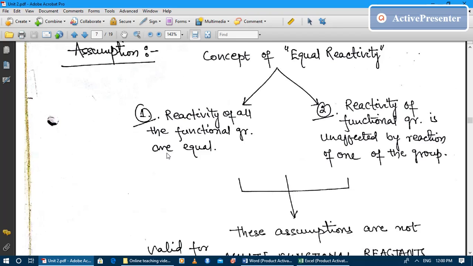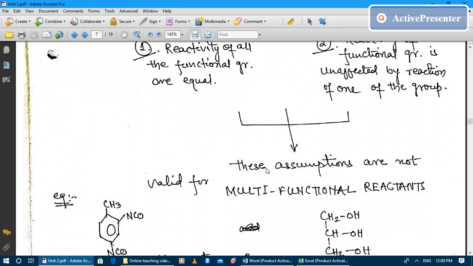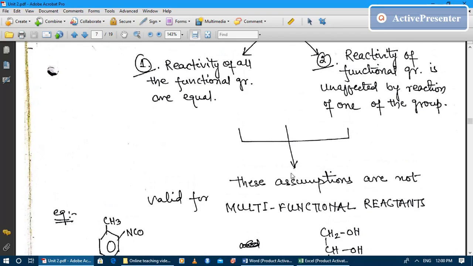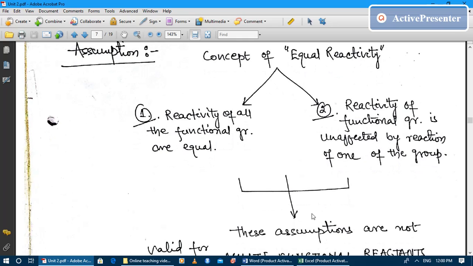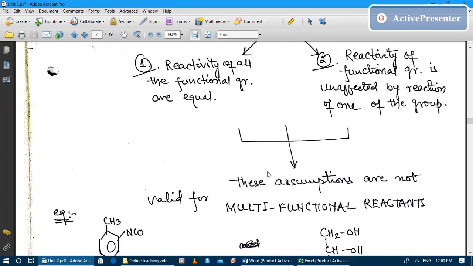Okay, so these assumptions are, if not 100% true, true up to a reasonable limit. Okay, so that's why we can make this kind of assumption.